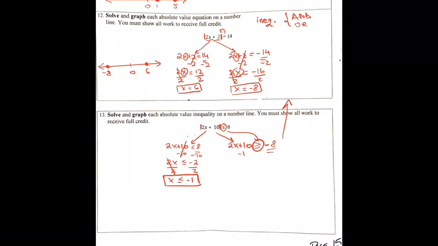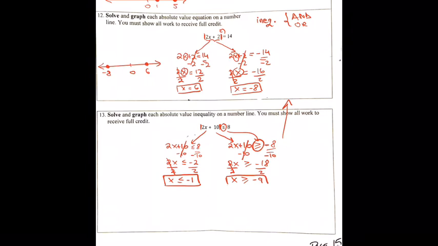The second one, again, I have to get rid of that 10, so I'm doing the inverse operation. So I'm subtracting a 10 on both sides to get 2x greater or equal than negative 18. Next thing I have to do is divide by 2 to get rid of 2, and x is greater or equal to negative 9, and I'm done solving the next one.